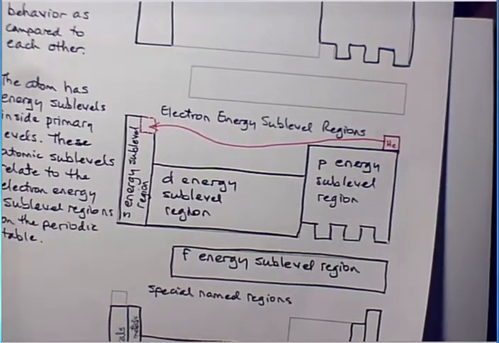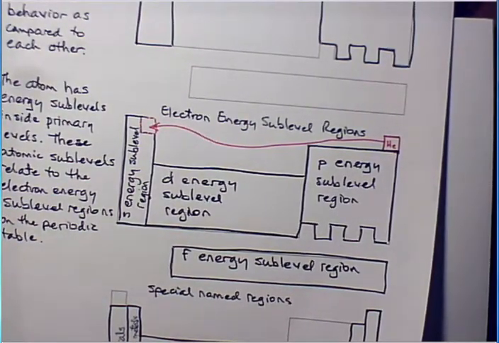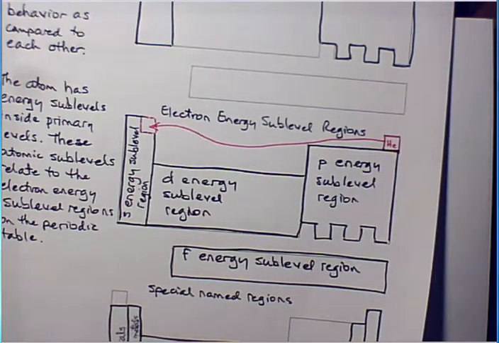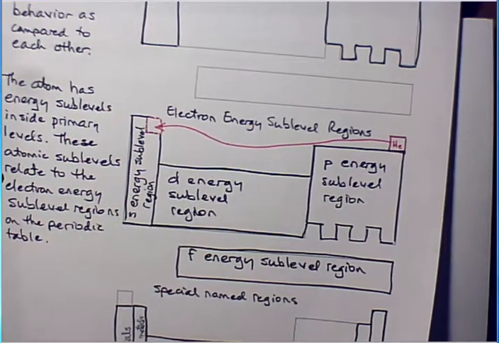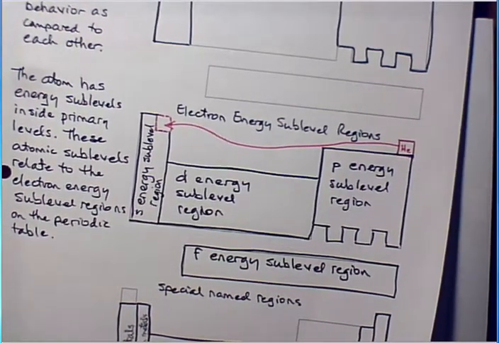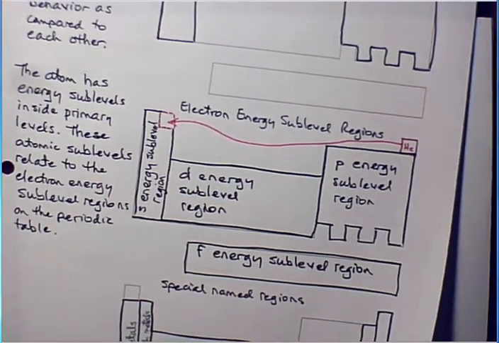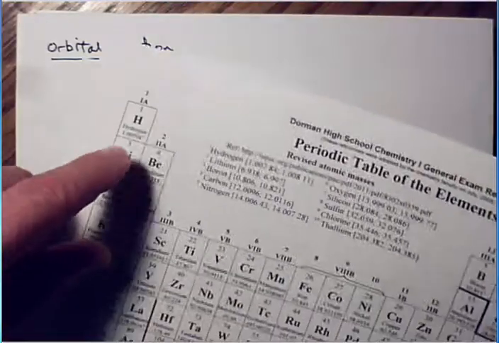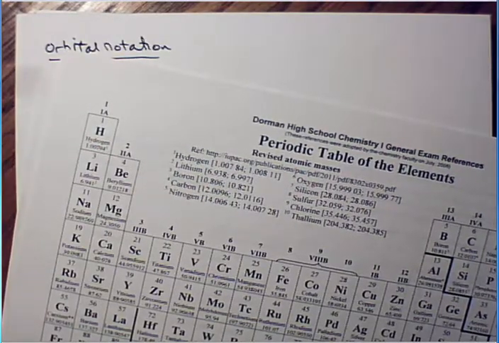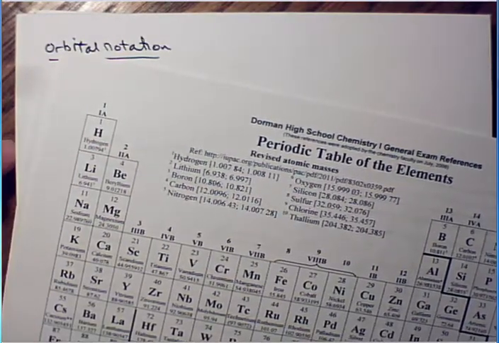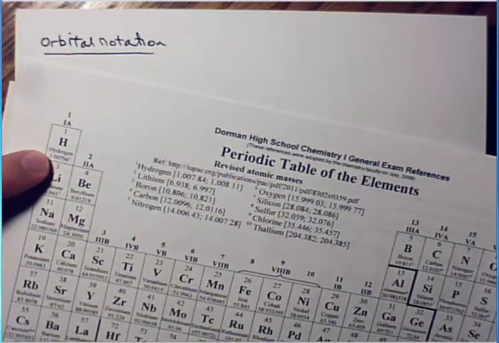hydrogen. Looking at your periodic table outline from yesterday, what region of the periodic table, in terms of S, P, D, and F electron energy sublevel regions, is the hydrogen atom located? S. Okay. When we're doing orbital notation, we're only looking at what are called ground state atoms, those in the lowest energy state.